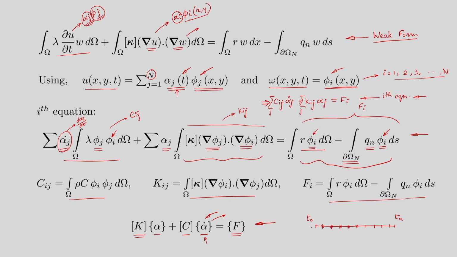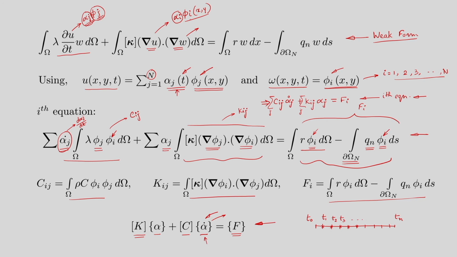Suppose this time domain has been divided into n number of parts. I will first find the solution at time t equal to t1, then at t2, then t3 and so on, alright. So, instead of having the solution for all possible time instances, we basically find the solution at certain time instances in the time range of interest, fine.